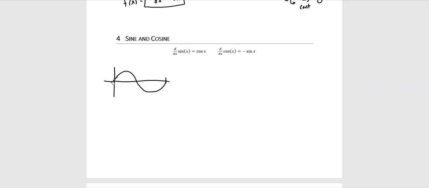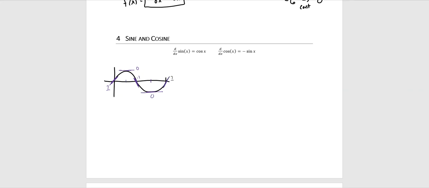Okay, right here, the slope of this tangent line looks like it has a height of 1. The slope of this tangent line is 0. The slope of this tangent line looks like negative 1. The slope of this tangent line is 0, and this has a slope of a positive 1.